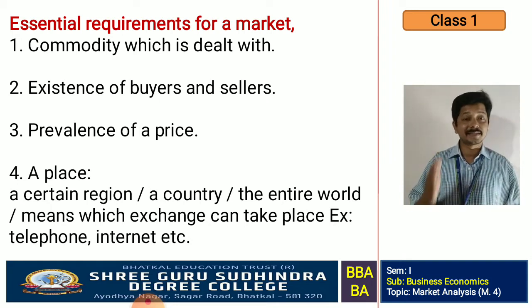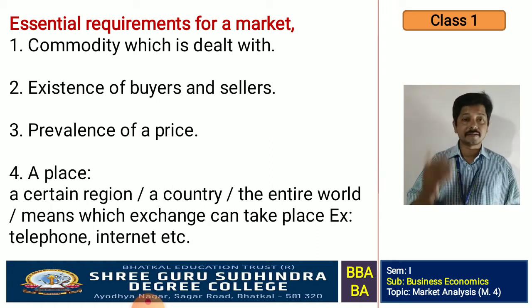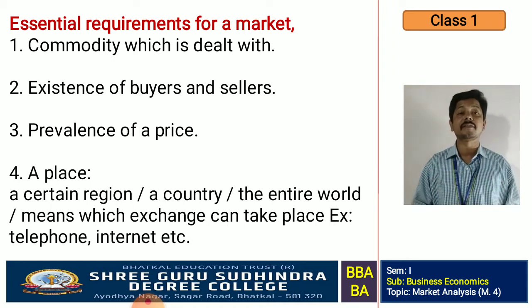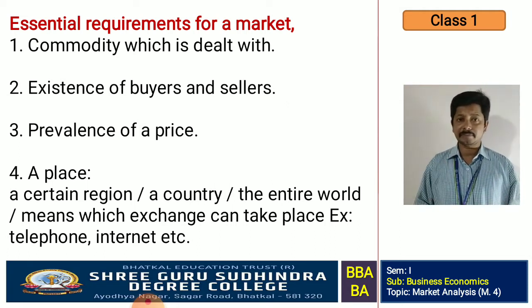That's why existence of both buyers and sellers, and prevalence of a price. A prevailing price is required, and a place. A certain region or country or the entire world, right? And a means of exchange. It may be telephone, internet. So these are the four requirements to have a market.